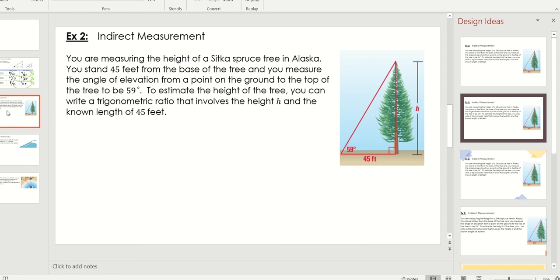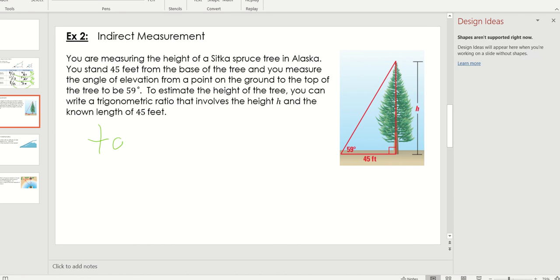But here I'm trying to find the height of the tree when I am 45 feet away from the tree at an angle of elevation of 59 degrees. So I'm looking for the opposite side. I have the adjacent side. That means I'm going to need to use tangent. So tangent of 59 is equivalent to h over 45. Multiply both sides by 45.